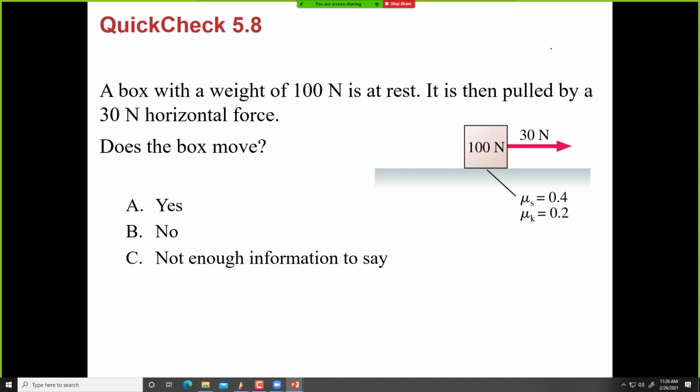So let's look at this question. A box with a weight of 100 Newton is at rest. It is then pulled by a 30 Newton horizontal force. Does the box move? If the static friction force is equal to the push force, then it won't move.